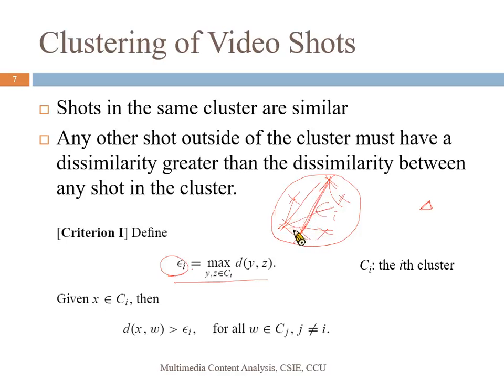Okay, and the idea is for all the video shots outside the cluster, the distance d between any of them and the cluster's shots should be larger than epsilon I. So mathematically we can define it like this: dxw is greater than epsilon I if w belongs to another cluster.